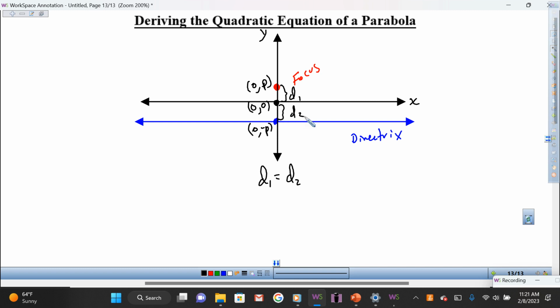However, we need a parabola. So for the parabola, we need more points. So I'm going to do one more point, and I'm going to put that point somewhere over here. So place a point right there. Just double check that this distance is the same as or close to that distance, which means we're going to need a point right here too.